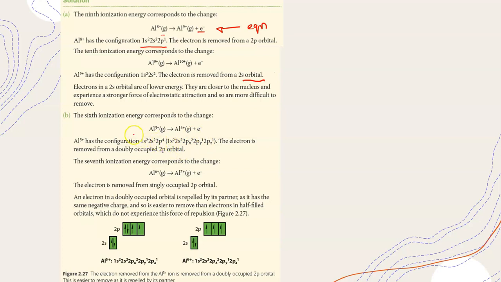Okay, so the 7th ionization energy corresponds to the 6th to the 7th, and then the electron is removed from the 2p orbital. They've then used Aufbau diagrams to explain this, in that the doubly occupied orbital is repelled by its partner. Okay, so when the electrons are paired up, they have a slight repulsion. So it is easier to remove than the half-filled orbitals where we have one in each of the p orbitals, because this is more stable.